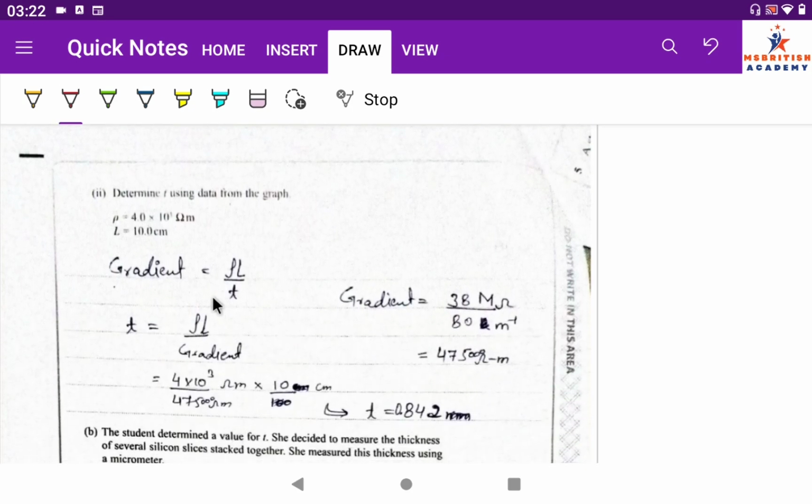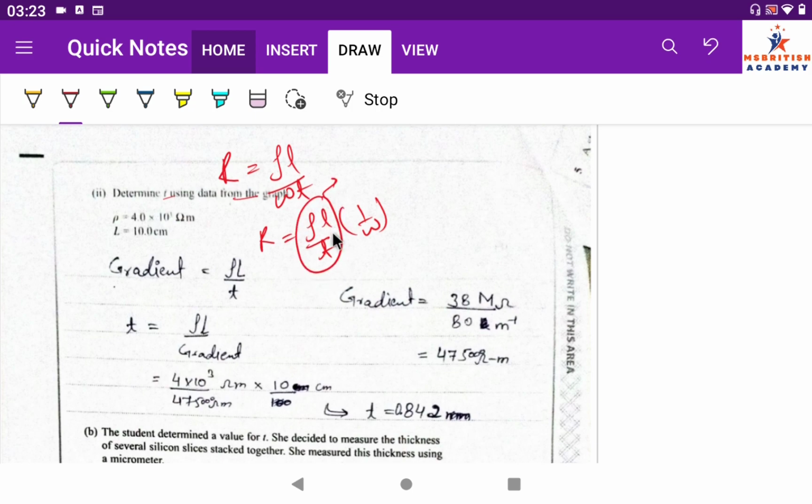Now second, determine t using data from the graph. We have to find t. We can use this formula, rho L by t. What will this be?